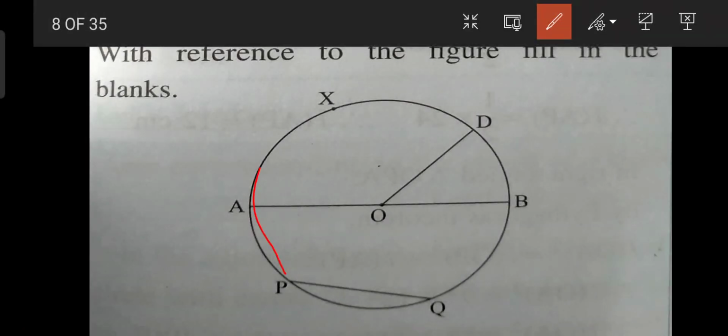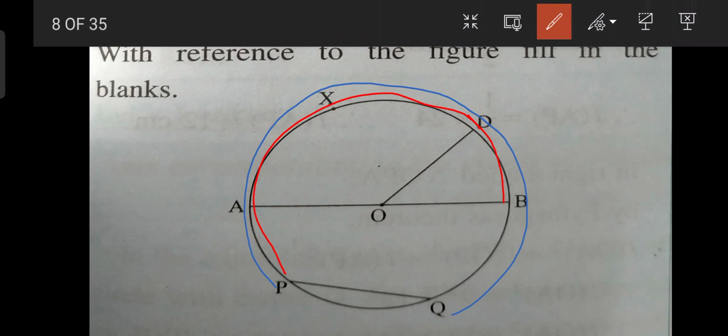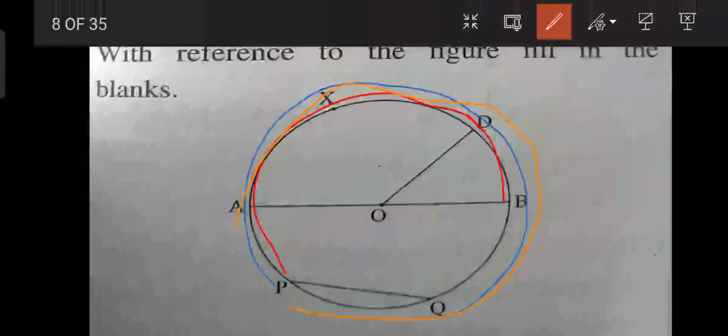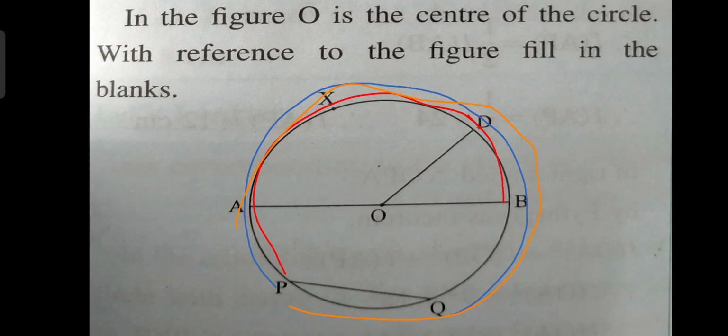We have PAB, more than 180 degrees. Then we have another one, PD and coming till Q. And one more arc, that is PDA. So these are the three arcs forming the major arcs.